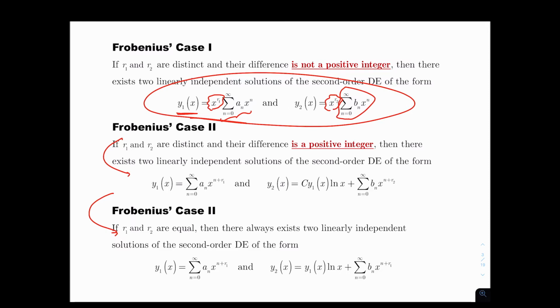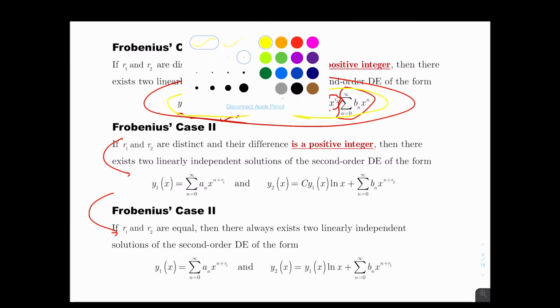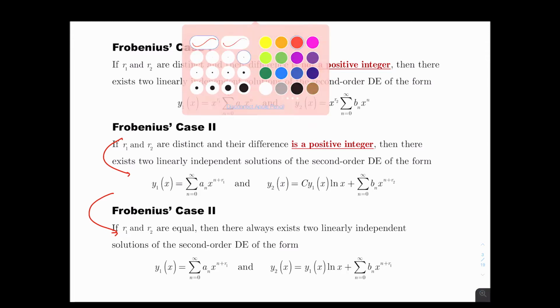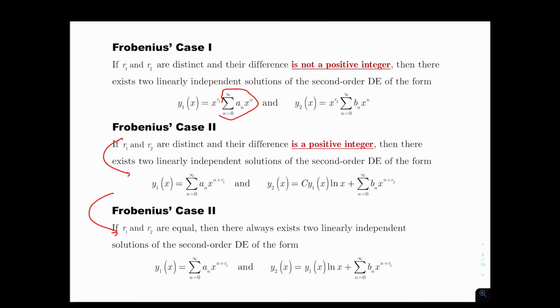Because people get lost in the process of actually doing it, and they lose sight of what the actual solutions at the end are going to look like. Let me just erase this so I could show you what I want to show you again. When you're doing this, you're only going to find this part, and a lot of folks forget that x to the power of r1 at the end.